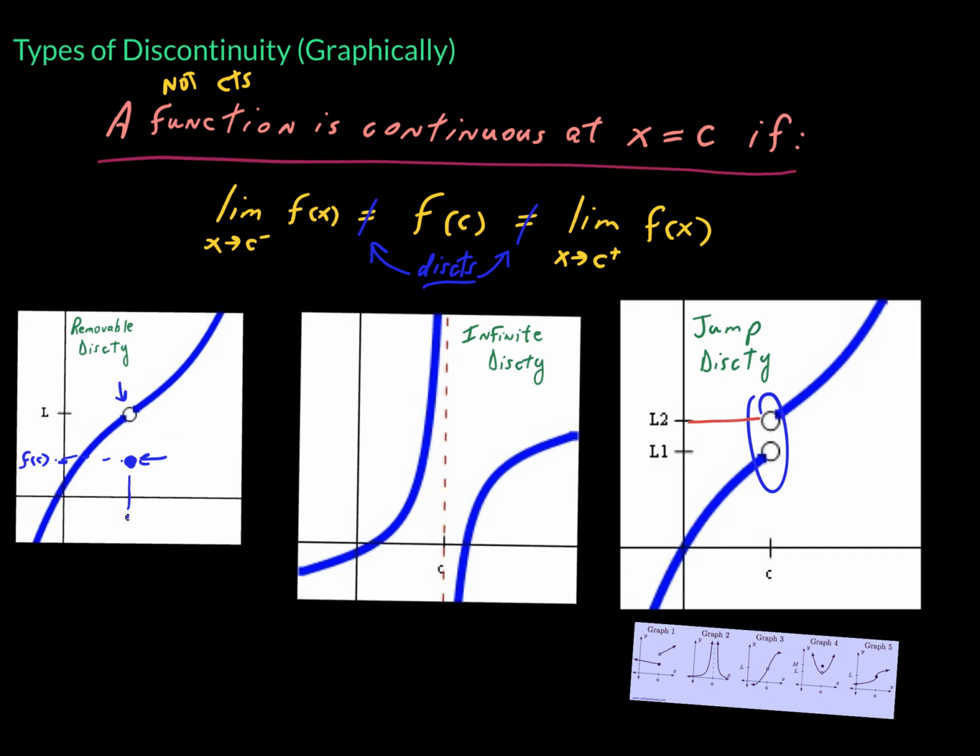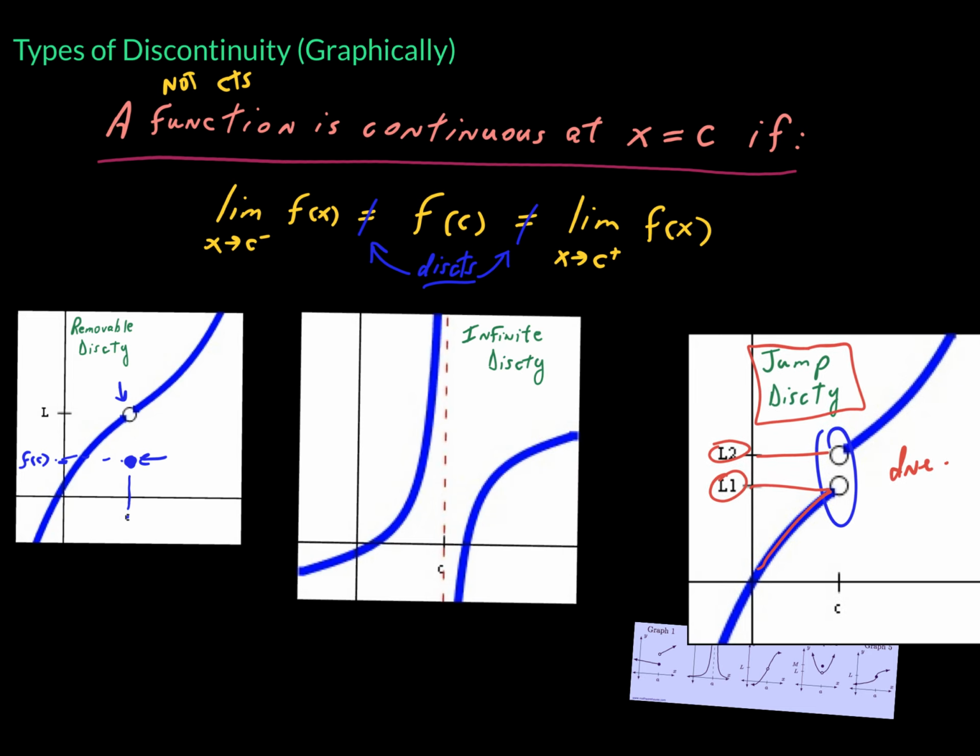If this one is approaching this value, and this one is approaching this value, you have a jump discontinuity, and the limit does not exist. And so think about it. If the limit does not exist, there's no way that it can be continuous, because if those two things don't equal each other, there's no way that a function can be continuous. Okay.